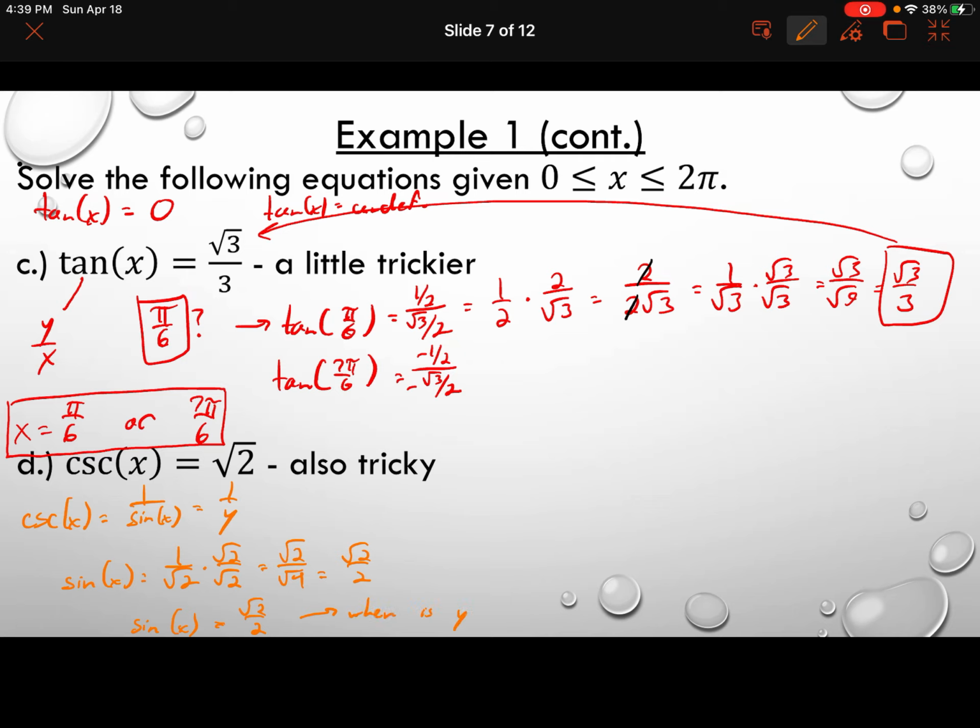When is y equal to the square root of 2 over 2? If we look up the y values on the unit circle, there are two points where the y value is equal to the square root of 2 over 2, and those would be pi over 4 and 3 pi over 4. So that would be our final answer.